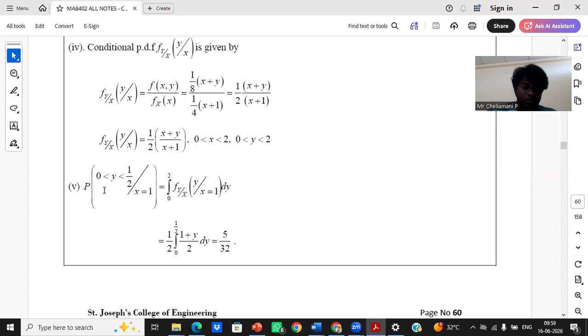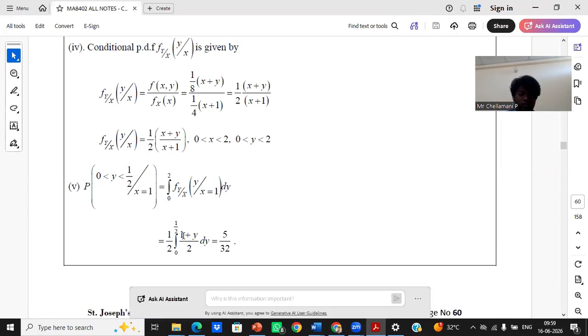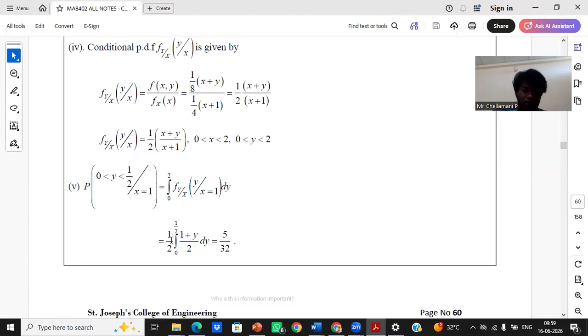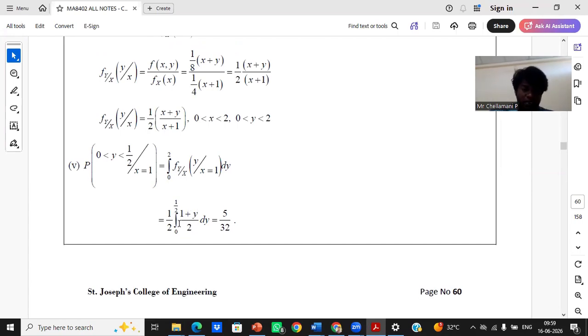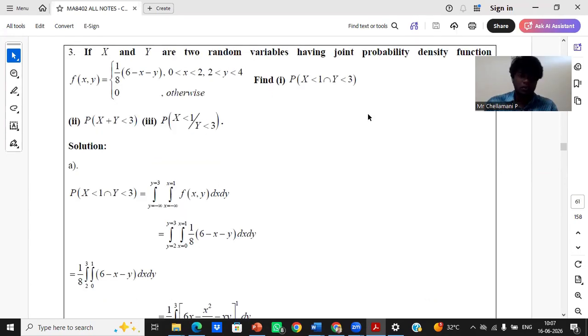And the y limit value is 0 to 1 by 2. Here 1 by 2 is a constant, then we take it outside. Then substitute x values here, and we will get 1 plus y by 2. So integrating this function, we will get the value of 5 by 32.